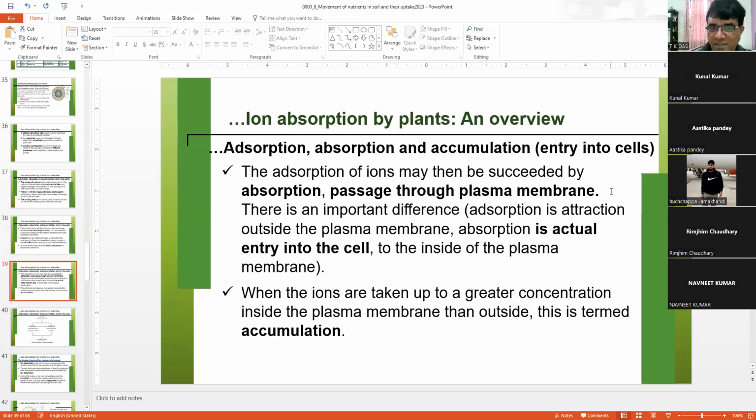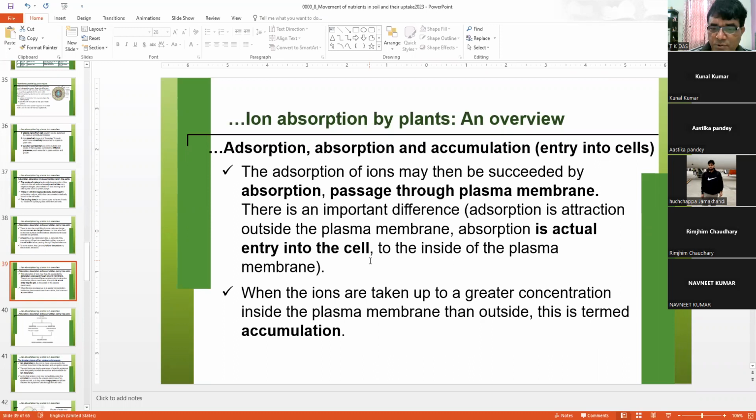Now, when they have entered the intercellular spaces in the cell wall, they must pass the next barrier, which is the plasma membrane. There is an important difference. Adsorption is attraction outside the plasma membrane. Absorption is actual entry into the cell through the plasma lemma or plasma membrane, to the inside of the plasma membrane.